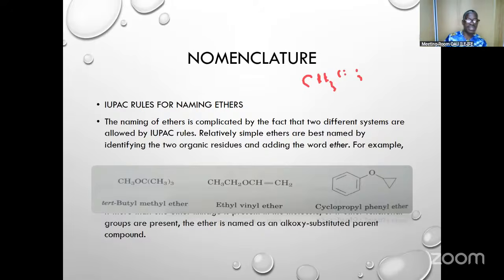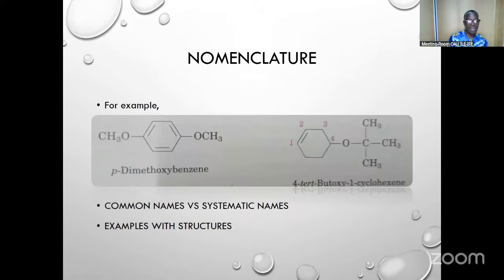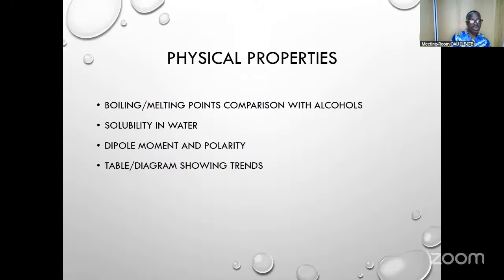There are two ethyl groups joining the oxygen on the two sides. Also, we have other examples here: tert-butyl methyl ether, then ethyl vinyl ether, and then cyclopropyl phenyl ether, and so on. We also looked at the physical properties of ethers.